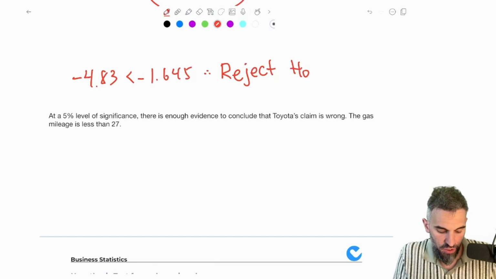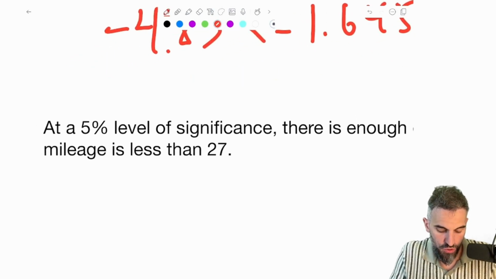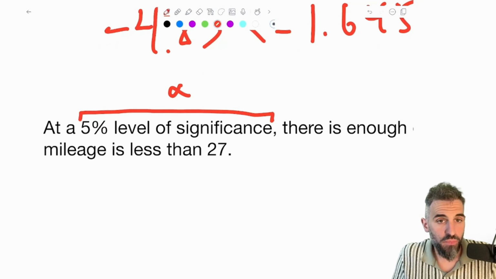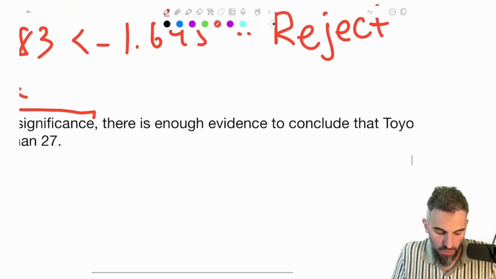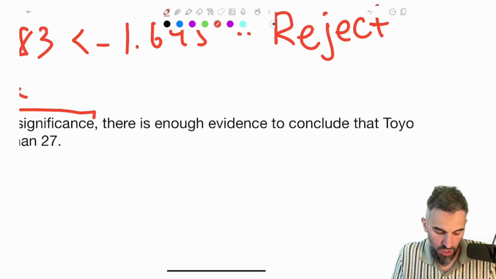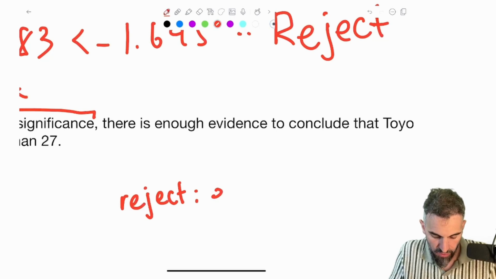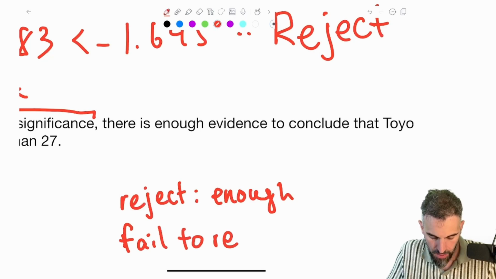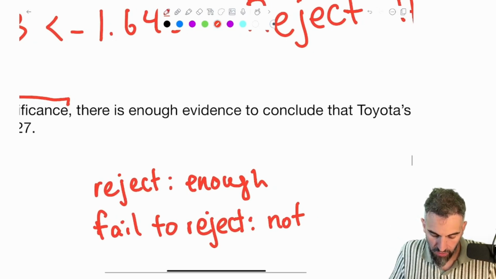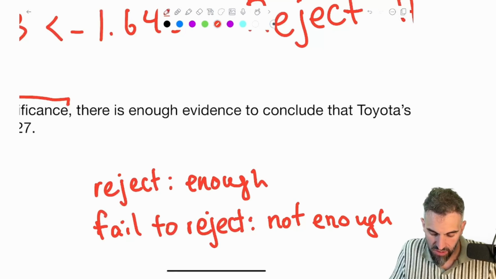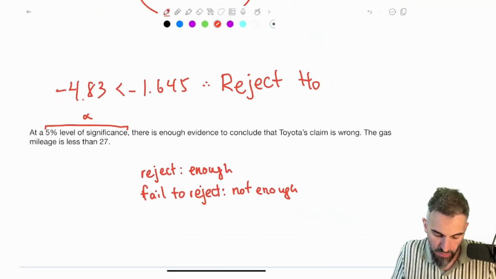There are a few things you want to have in your conclusion, in your interpretation. You want to have your level of significance. Here, there are two scenarios, and this is really the only thing you would change. If you reject, which we did, then you have enough evidence. If you fail to reject, then you say there is not enough evidence. Everything else would stay exactly the same. And the last bit, you basically just want to state your HA.